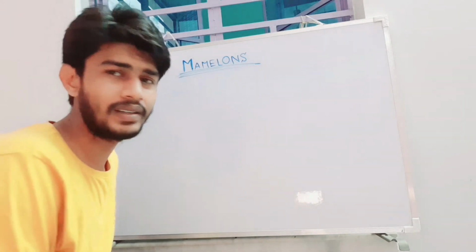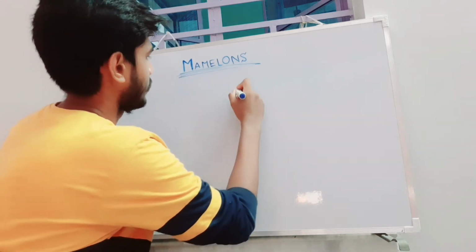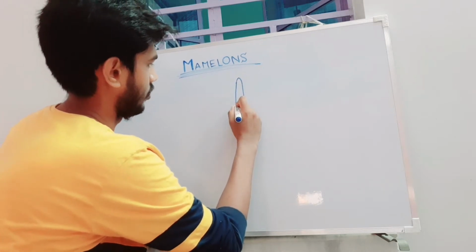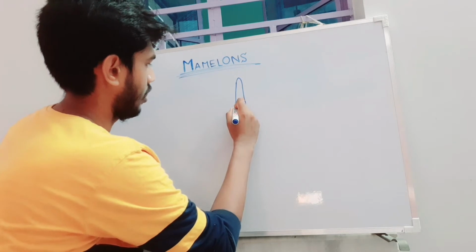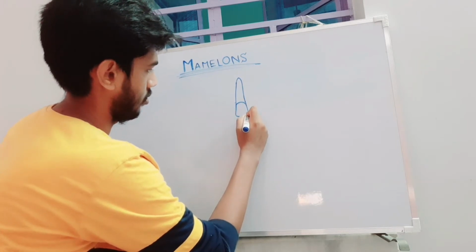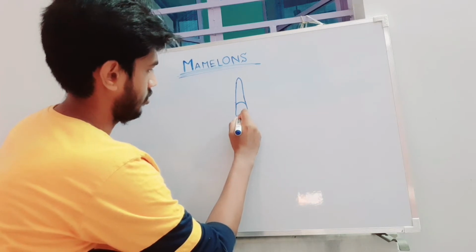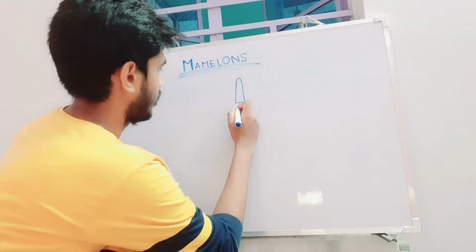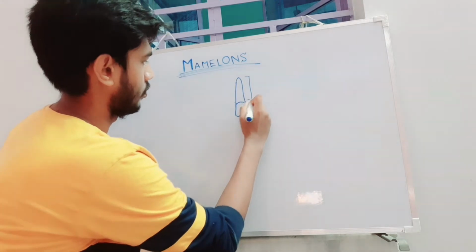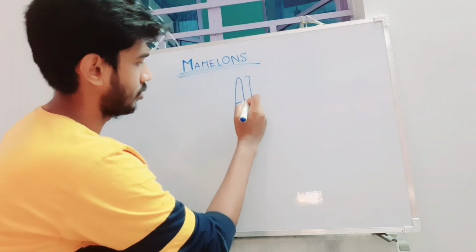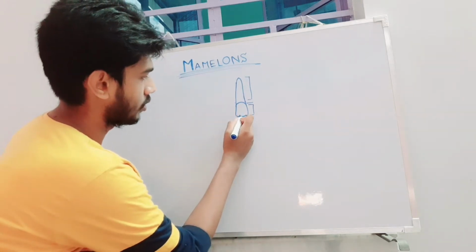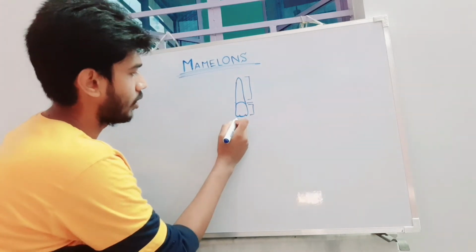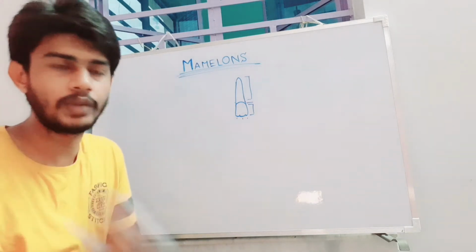If we roughly draw a central incisor, here you can see this is the root portion, this is the cervical line, and this portion is the crown. In the incisal surface of the crown, you can see three rounded protuberances. These are called mamelons.